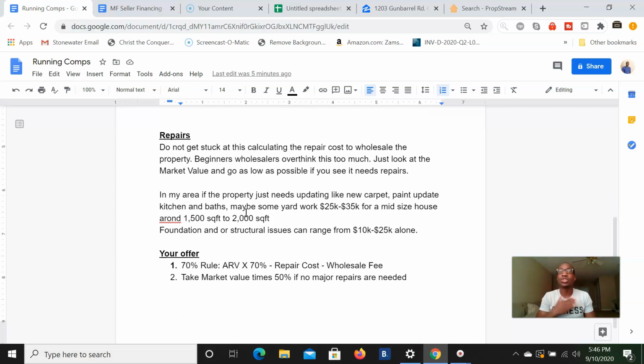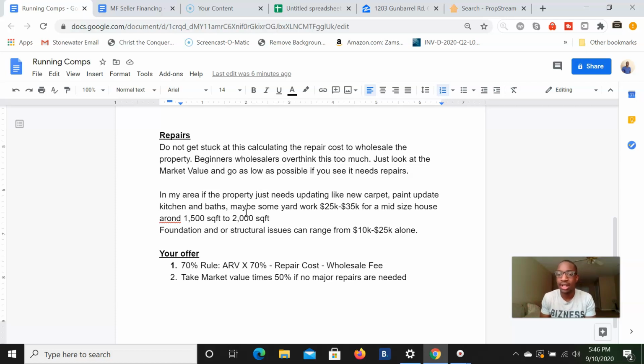So repairs. So I know in my area, let's say the property is just outdated, right? It just needs carpet, or replace the carpet with LVT flooring, or some other type of flooring, or new paint, different scratches. It needs new appliances like an updated kitchen, new cupboards, a new bathroom set, and different things like that.